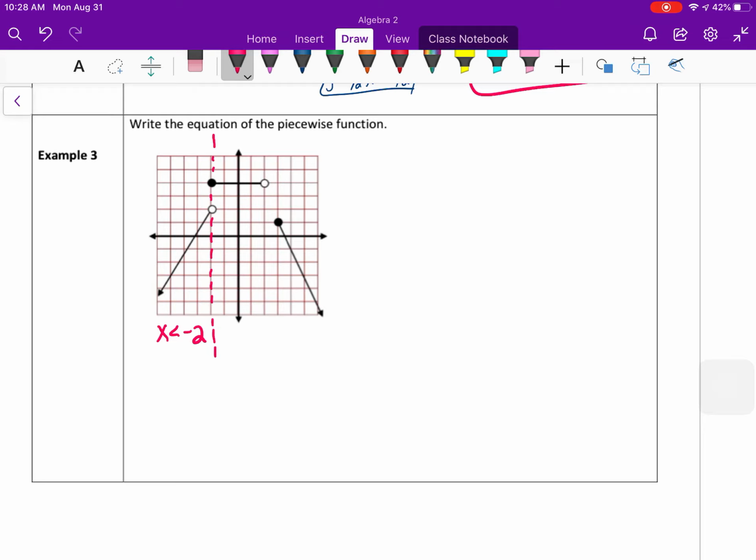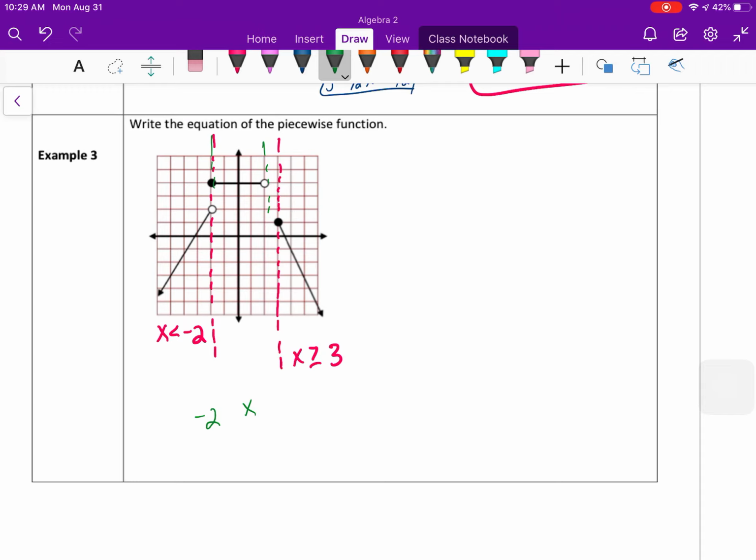And then here we have another piece, and that one is at 3. We have x is greater than or equal to 3. And then we have this middle piece, which is sandwiched between here and here. So that one is going to be a compound inequality, and I'm going to write that down here. It's between -2 and 2.